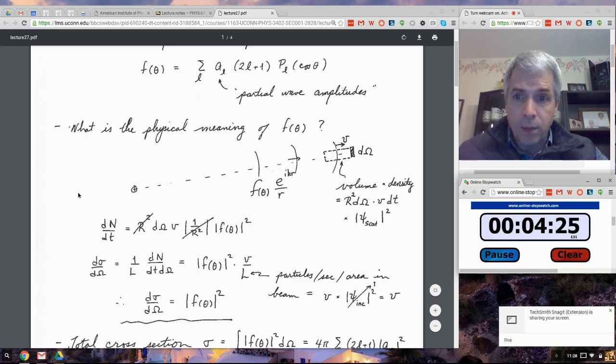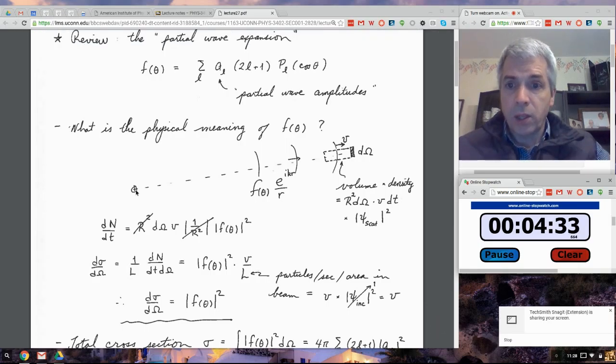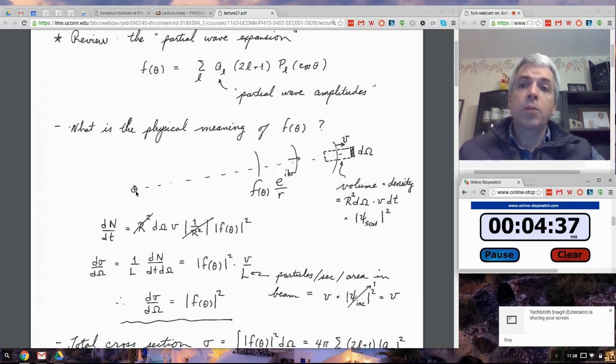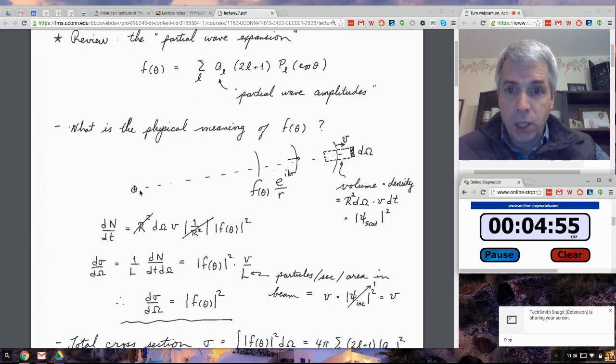It's all plane waves, and it is impinging on a target, which is represented by a potential V of r centered at the origin. We're going to imagine that that's a finite range potential. And if we scale back so that the whole range of that potential is contained inside this little circle, then once the scattered wave emerges from that circle, all the motion from then on is free propagation.